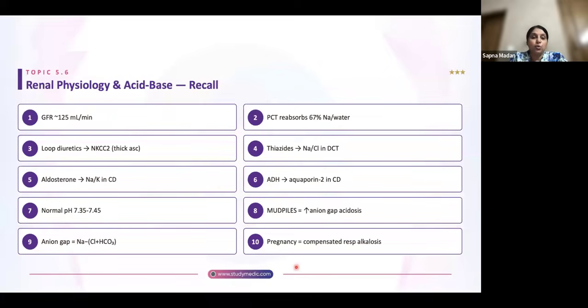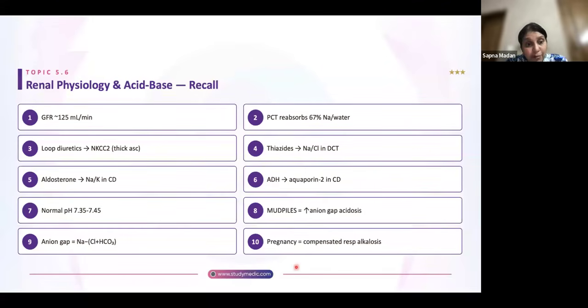Loop diuretics act on the sodium, potassium, chloride 2 cotransporter, NKCC2, present in the thick ascending loop, and thiazides act on the distal convoluted tubule and help in sodium chloride homeostasis. Aldosterone acts in the collecting duct. ADH opens up aquaporin 2, and this also acts in the collecting duct.